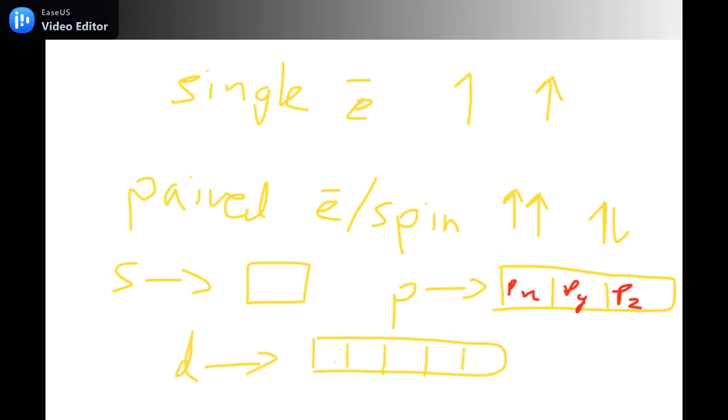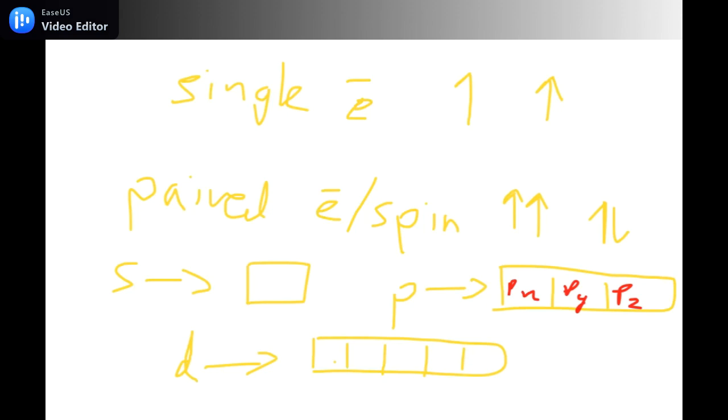for its 5 orbitals. Now we need to remember that when we're filling in a subshell, we'll first fill one electron in each orbital, the upward spin, and then after all the orbitals of that subshell have one electron, then we'll start filling another electron in each orbital.